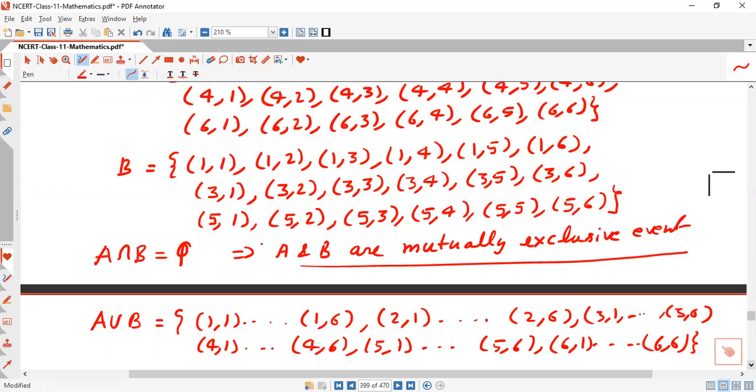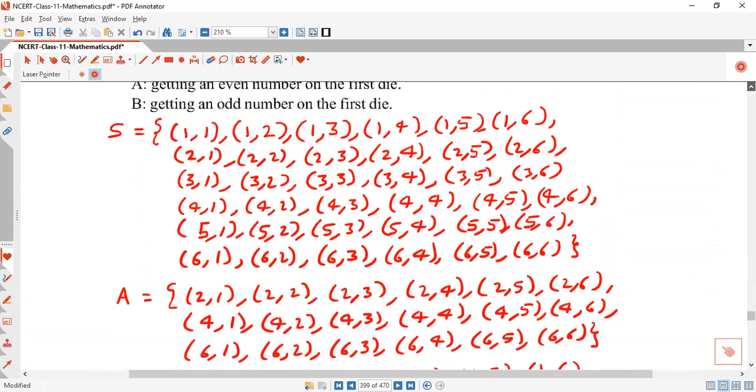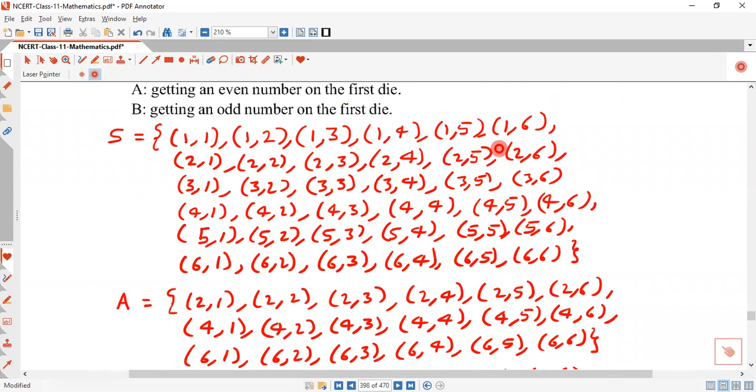You see this one, and come back here. You see what is the sample space. These are the sample space: 1,1 to 1,6 sets, 2,1 to 2,6 sets, 3,1 to 3,6 sets, 4,1 up to 4,6 sets, 5,1 up to 5,6 sets, 6,1 up to 6,6 sets. 36 elements are in the sample space.